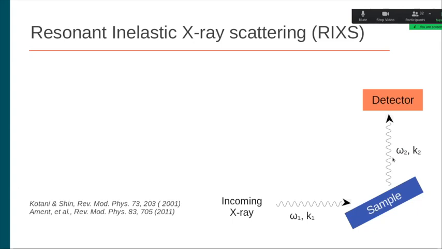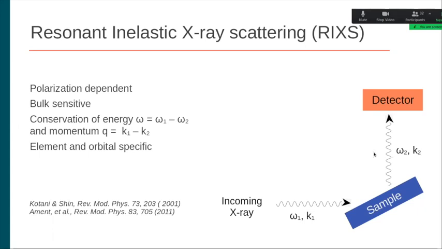It is important to highlight that this technique depends on the polarization. By changing the angle of the sample, we can change the polarization of the incoming photon, and it also depends on the polarization of the outgoing photon.